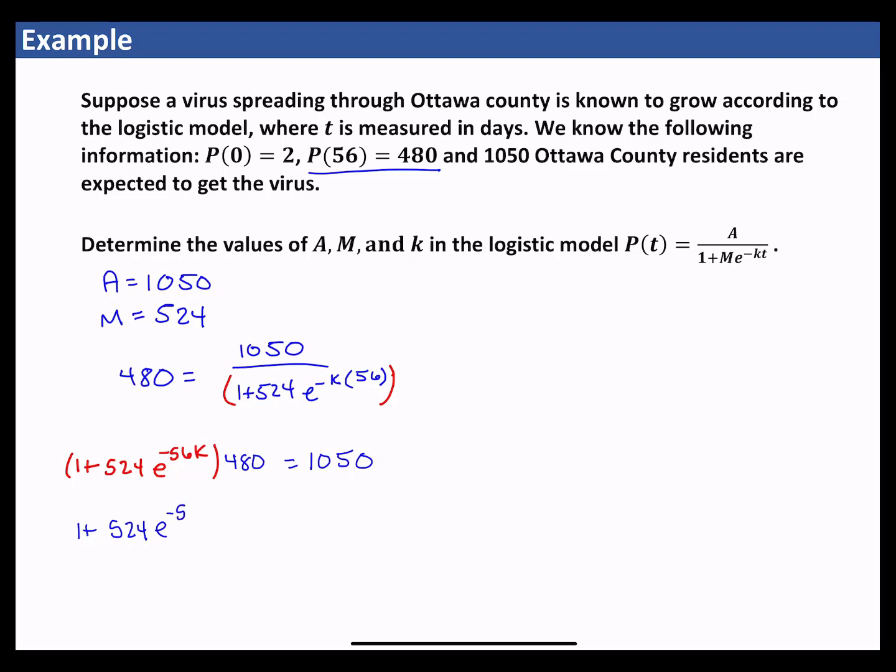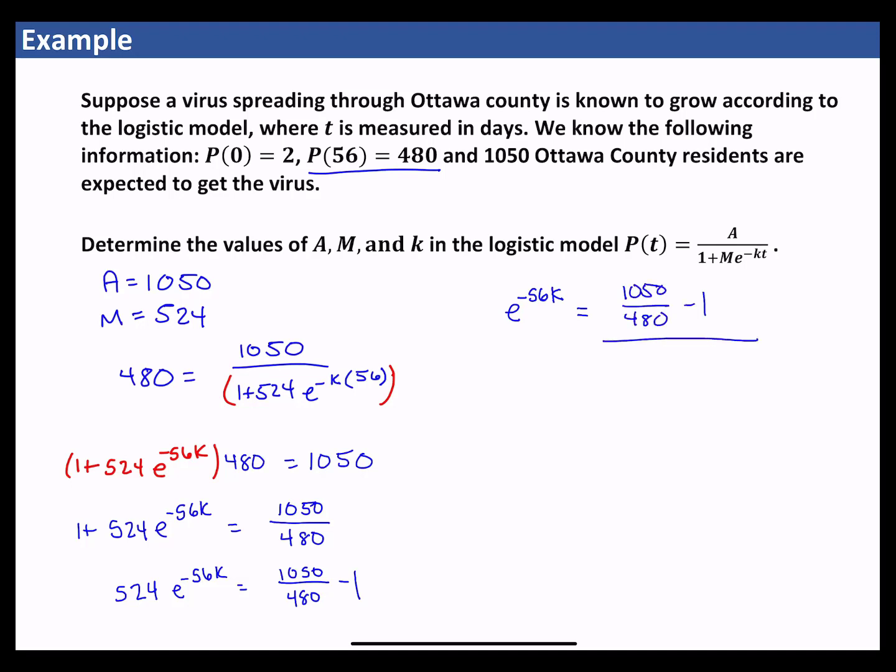So e raised to the negative 56k would equal 1,050 divided by 480. We'll subtract 1 from both sides. So 524 e to the negative 56k equals 1,050 over 480 minus 1. Then we'll divide both sides by 524, leaving us with e to the negative 56k equals 1,050 divided by 480 minus 1, all of that divided by 524.